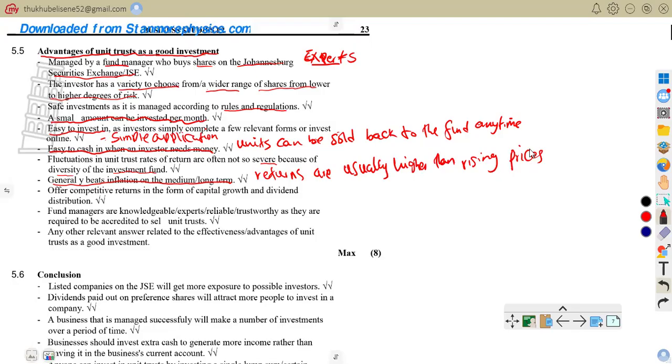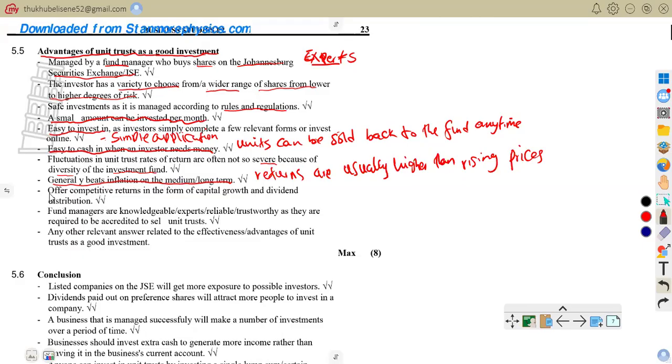Whereby we can even make an example where we say inflation is 6% and interest earns 10% over 5 years. So returns are usually higher than rising prices. That is why we are saying it generally beats inflation on the medium or long term.